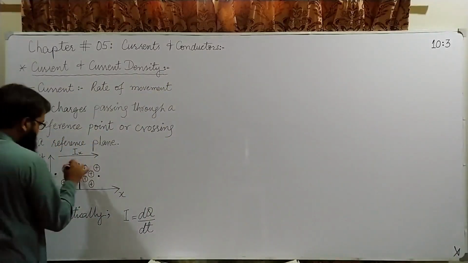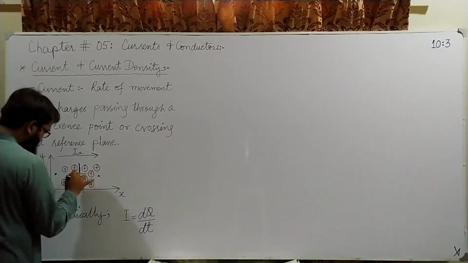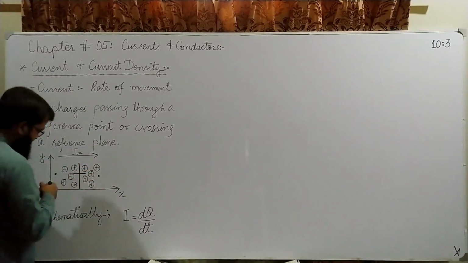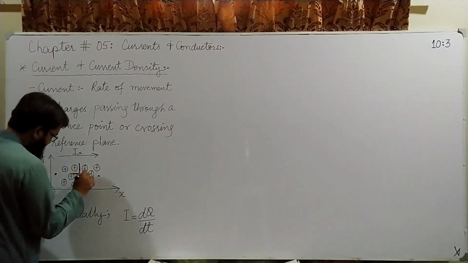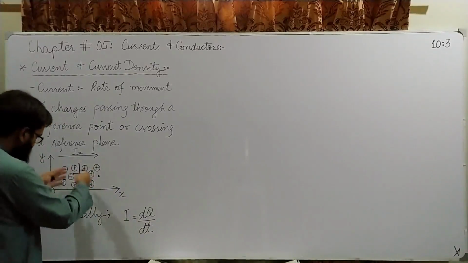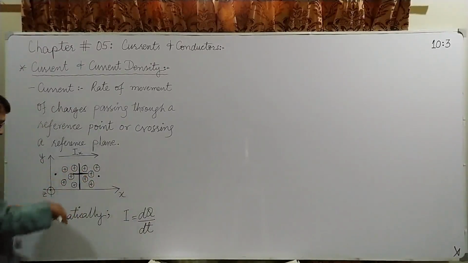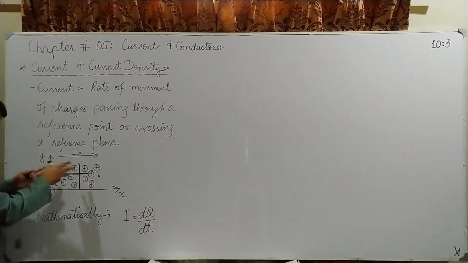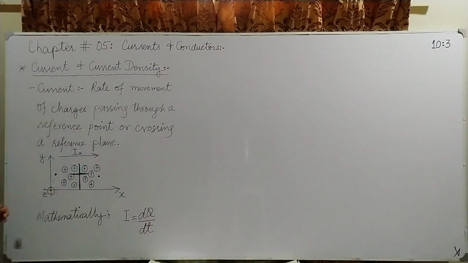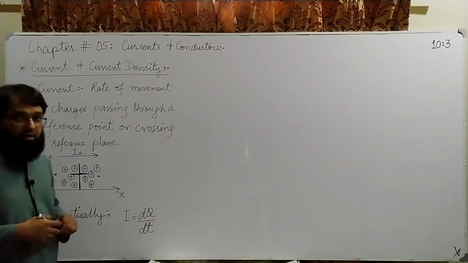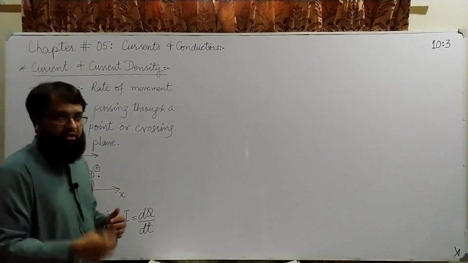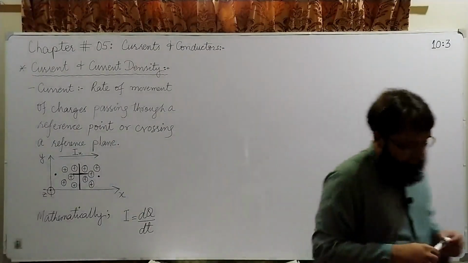Had you considered a plane like this, and had you observed how much charge is crossing through this plane, and let's say the charges are moving in x direction only, perfectly in x direction, the current would be 0 through this plane. Why? Because no charge is crossing that plane.